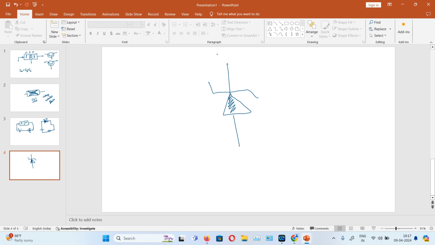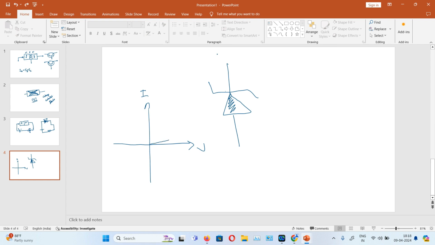Why? Because usually in a diode, if you plot the characteristics, this is current and this is voltage, and this voltage and current graph of a diode is called the characteristics graph of the diode. In the case of a diode, as the voltage increases, there will be a slight increase in the current.